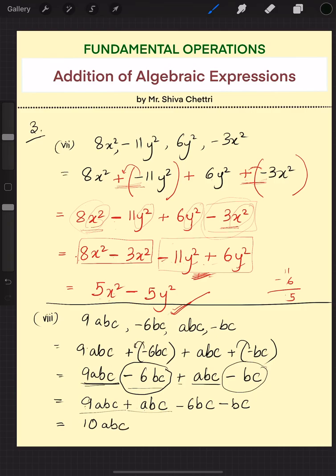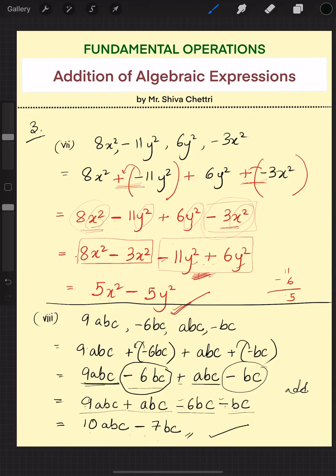And here minus 6bc and bc. bc means 1bc. Okay, so minus minus, what will you do? You will add and the sign remains the same. So since you are adding, 6 and 1 gives you 7bc. But both are minus, so my answer is a negative term. So my answer is 10abc minus 7bc.